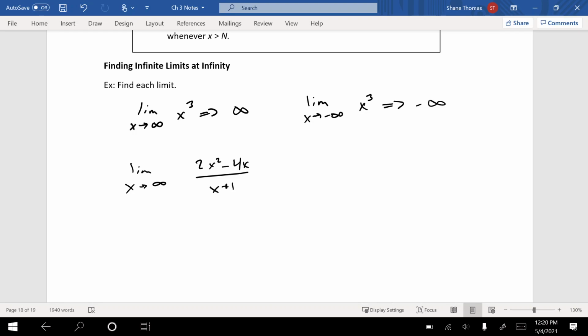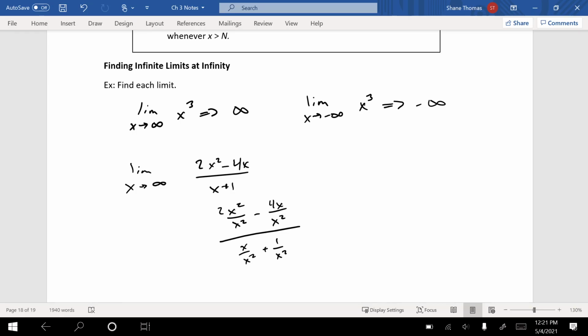All right, this one here, if we take it and we divide everything by our x squared, we're going to end up with 2x squared over x squared minus 4x over x squared, x over x squared plus 1 over x squared.